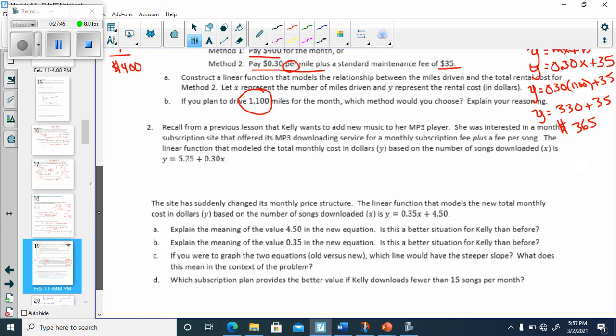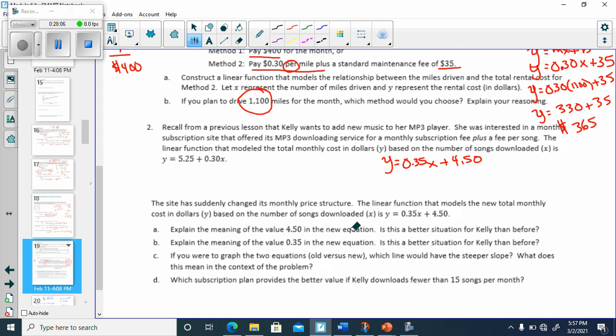The site has suddenly changed. The linear function that models the new total monthly cost in dollars based on the number of songs downloaded, X, is Y is equal to 35 cents per minute times the number of minutes plus a $4.50 flat fee.